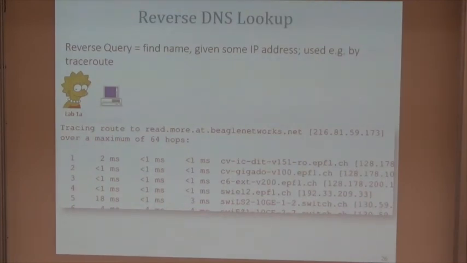Of course, the names are not in the packet header. We know that traceroute works by sending packets that have increasing TTLs, and when the TTLs, or the hop counts, are too small, the packets are rejected by routers that send error messages, and the error messages contain the source address of the router that sends the error messages. And what is displayed here is the source address, but also the name of those routers.